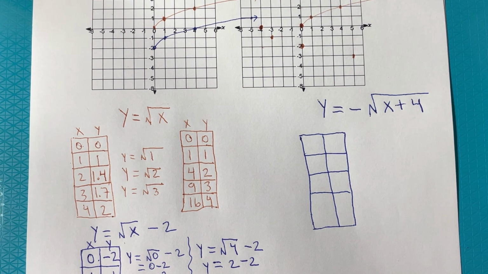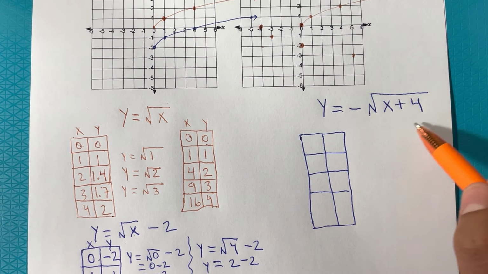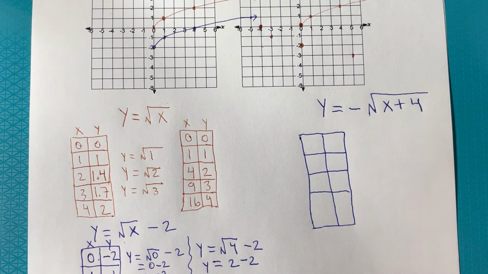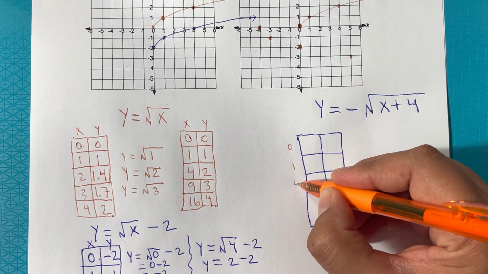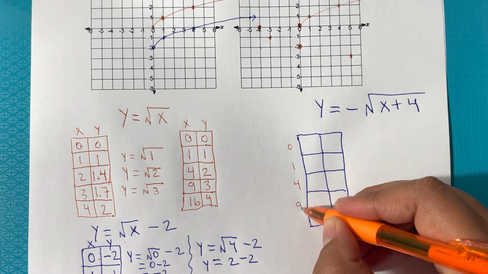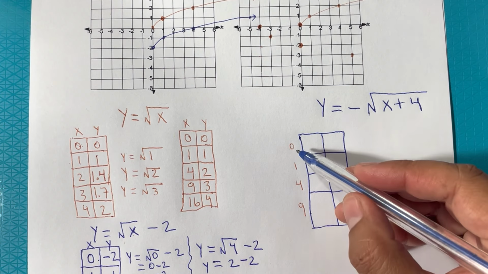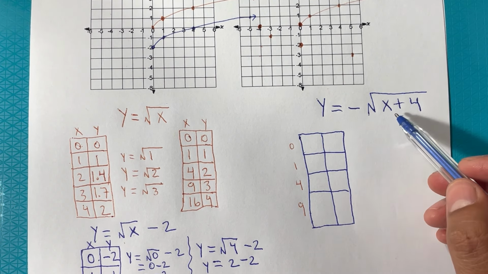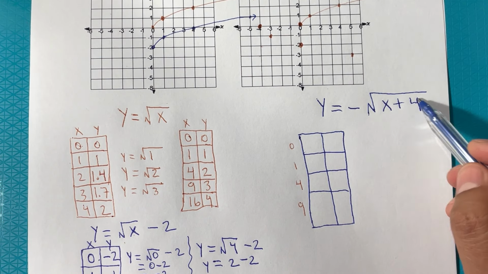Something that we need to know is that we need perfect squares under the square root, or the radical. That means 0, 1, 4, 9. Again, we're just going to go up to 9, but those are not the values of x. Because if you put, let's say, 1, 1 plus 4 is 5.